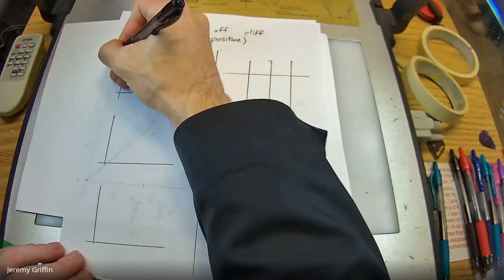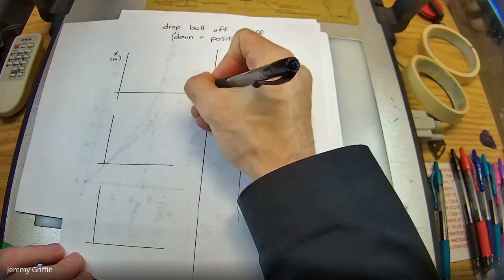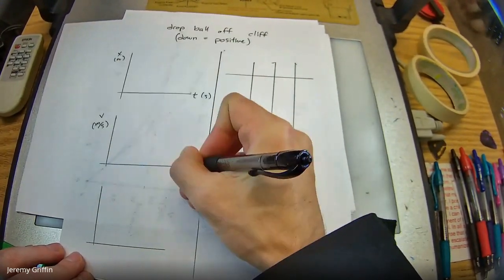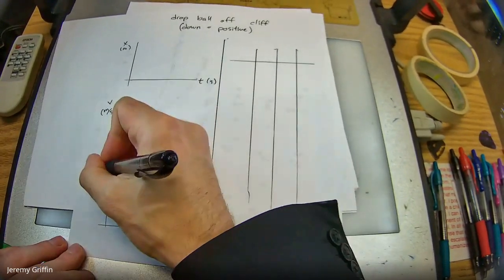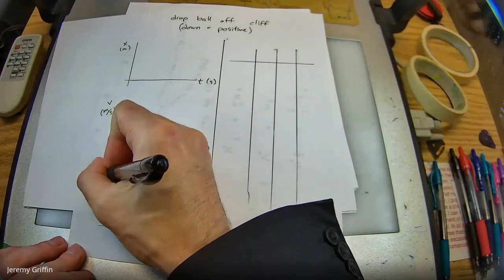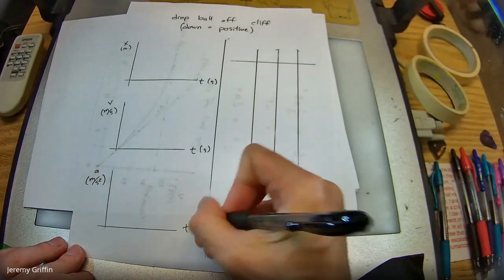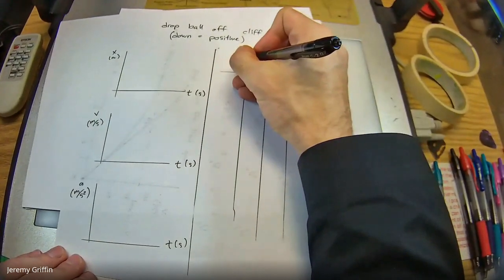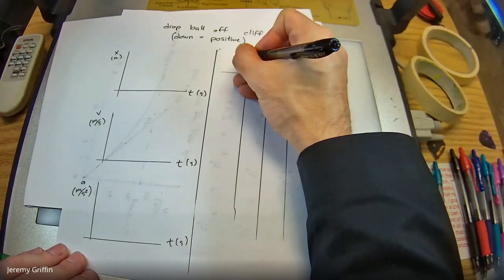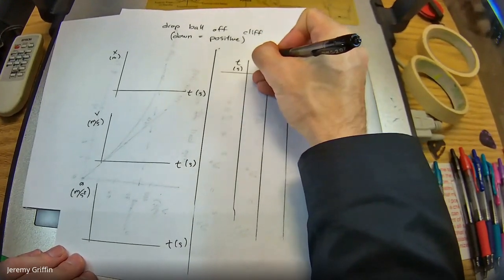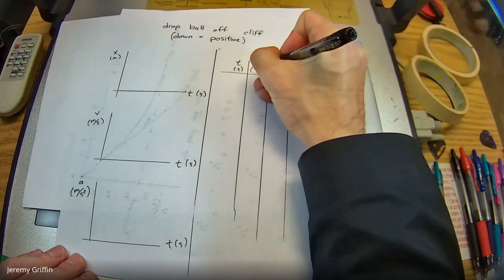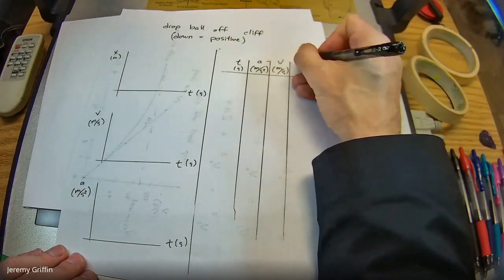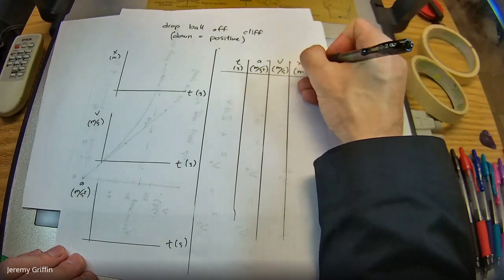So X in meters versus T in seconds. V meters per second versus T in seconds. Acceleration meters per second squared versus T in seconds. Okay. And then for the table, let's go time in seconds, acceleration meters per second squared, velocity meters per second, displacement in meters.